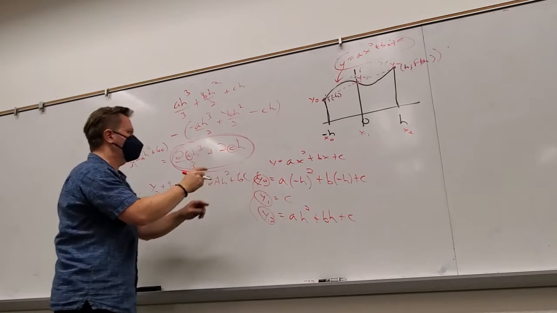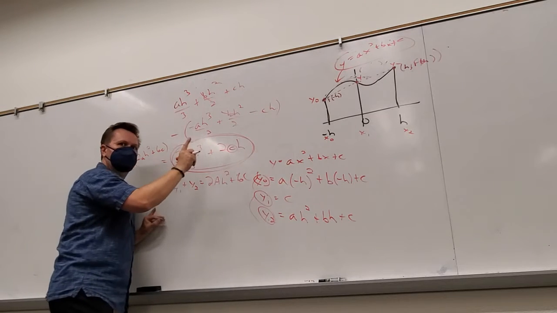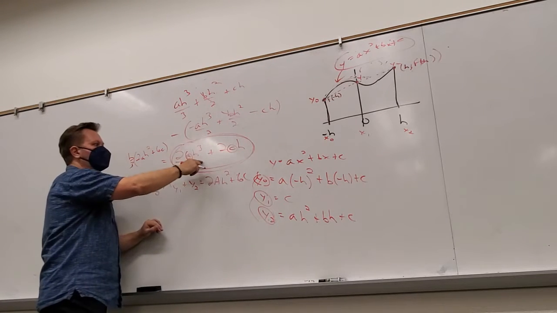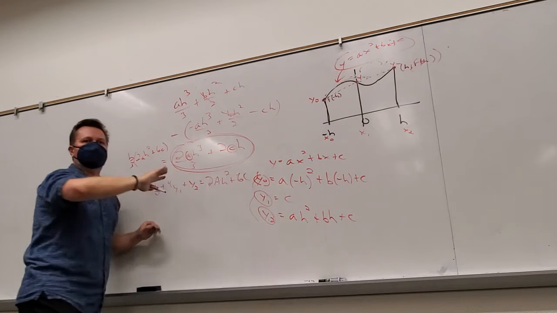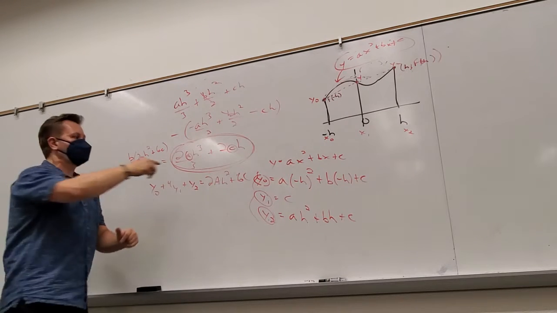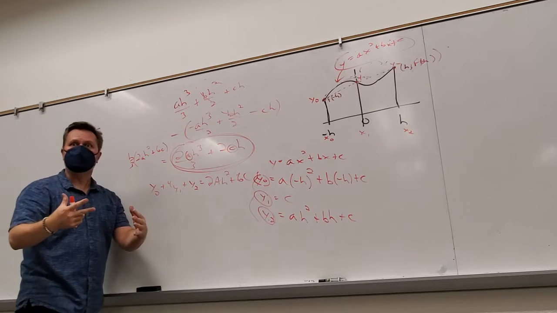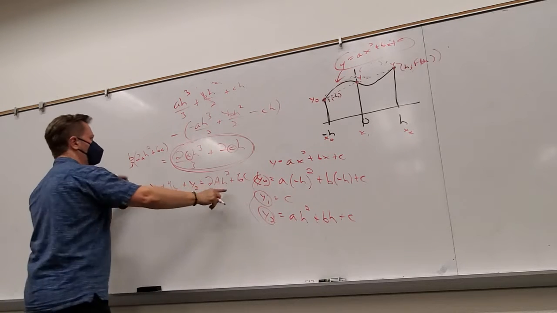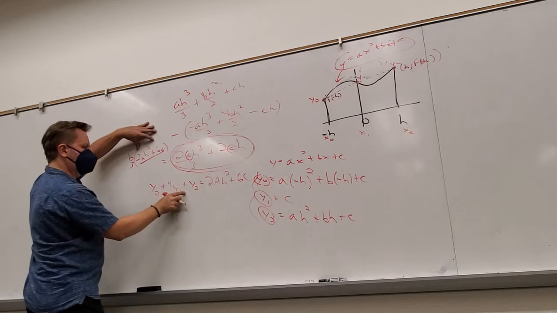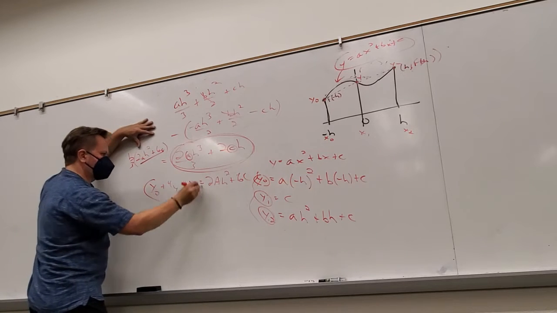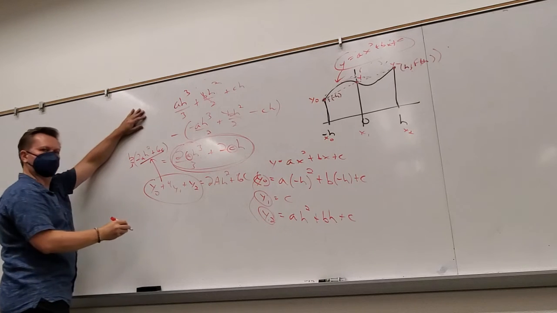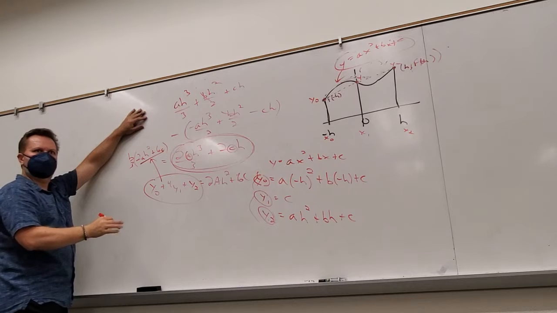So this thing is the answer, but it has a bunch of things in it that I can't get. If I can relate it to a bunch of things that I can get, then I'm done. So this is this, and then I just put this here. And that's the answer.